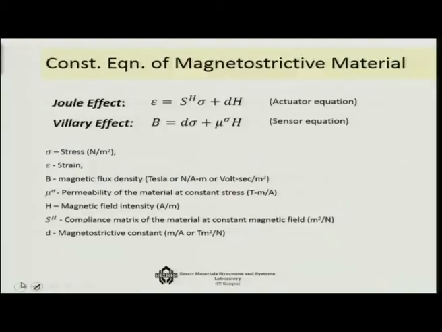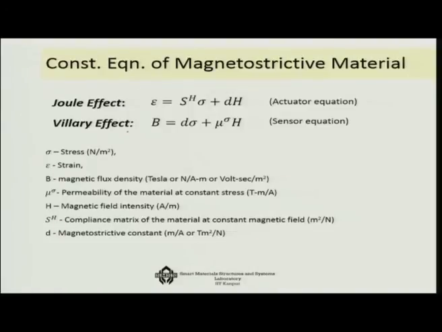Now, if you look at the constitutive equations of magnetostrictive material, there are two important ones. One is from the direct effect point of view, where you are using the mechanical force field and you are getting a change in terms of the electrical or magnetic field.